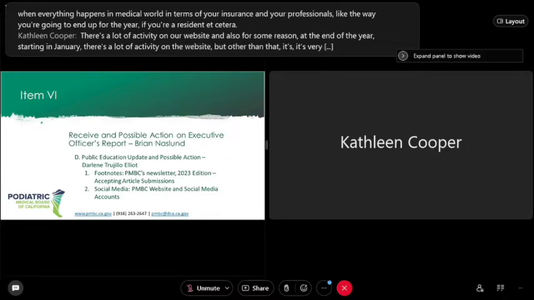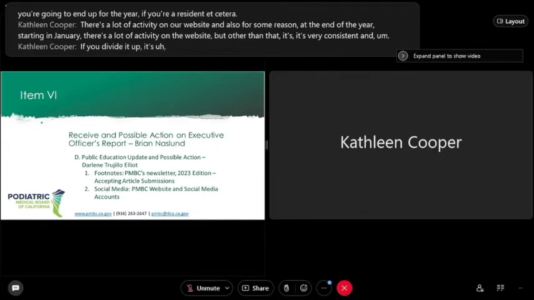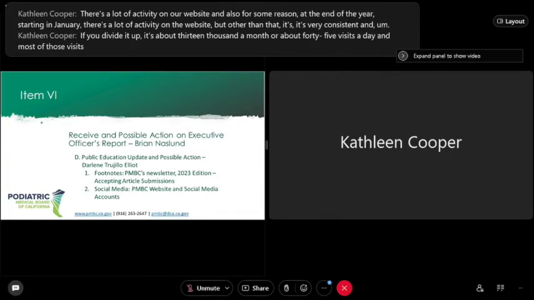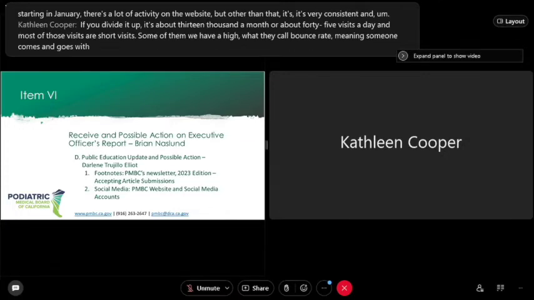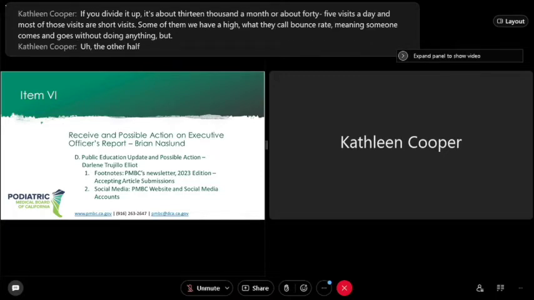And if you divide it up, it's about 13,000 a month, or about 45 visits a day. Most of those visits are short visits. We have a high what they call bounce rate, meaning someone comes and goes without doing anything. But the other half of the people that do come and don't go, they are getting their license done, they're paying their fees.